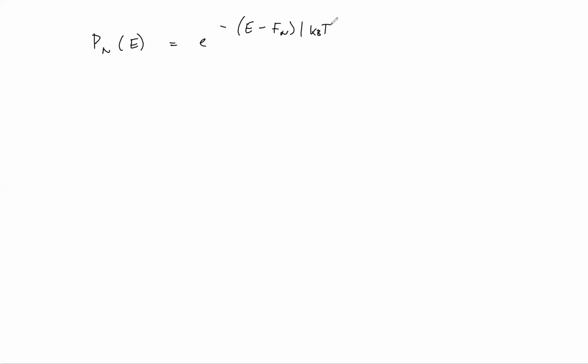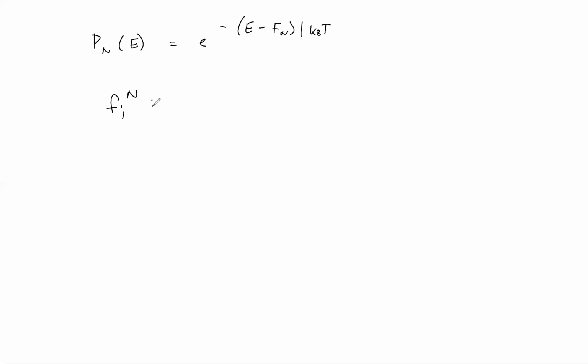Good. So what we're really interested in, of course, is what is the probability that a specific level is occupied. So we're going to use this way of writing down the probability that an electron system has a particular energy to simplify and make some headway on the occupation function, on the distribution function, which will let us derive the form of the Fermi-Dirac distribution. So let's ask, what is f_i^n?